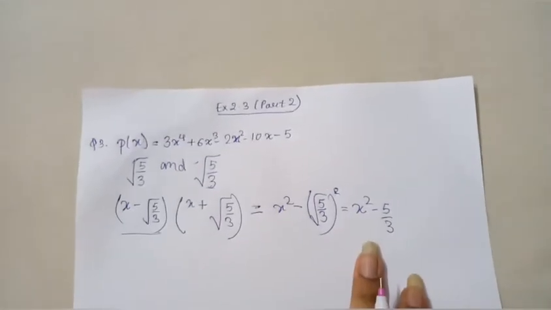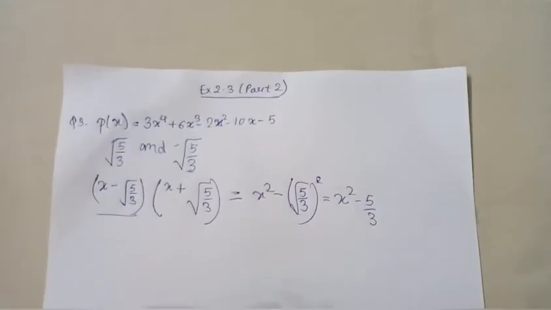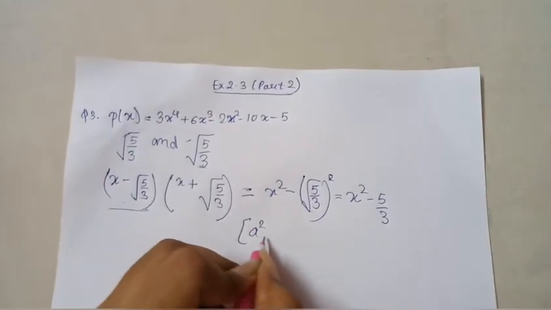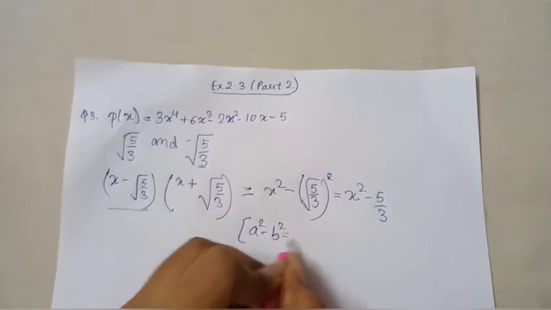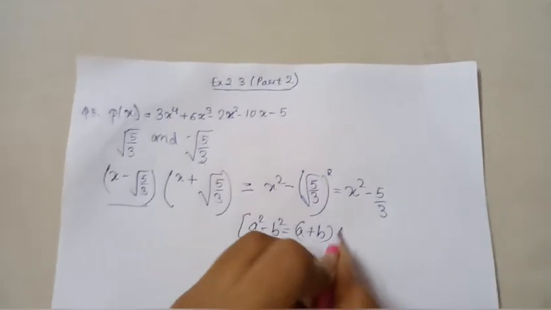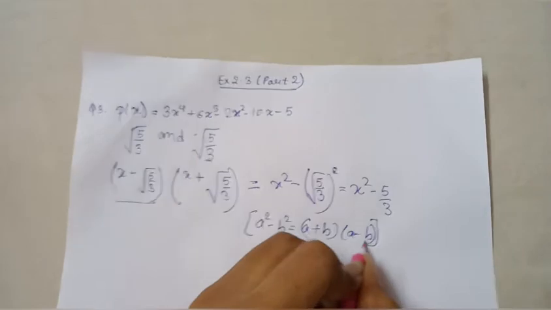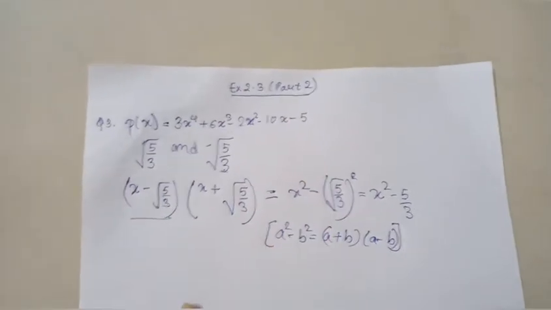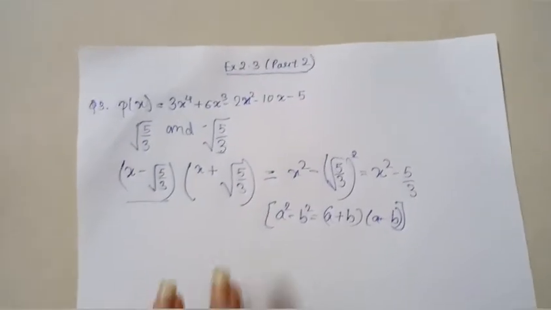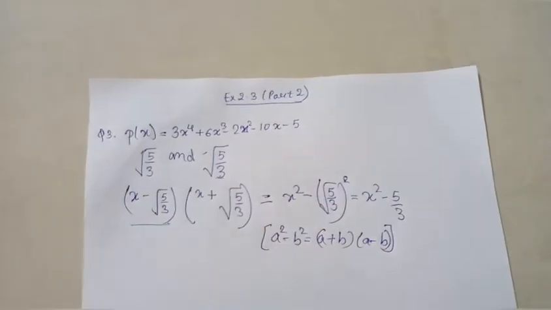We'll keep it as this only, and the identity used is a square minus b square is equal to (a plus b)(a minus b). You can see it is the same. So now you can see that the question has become simpler.